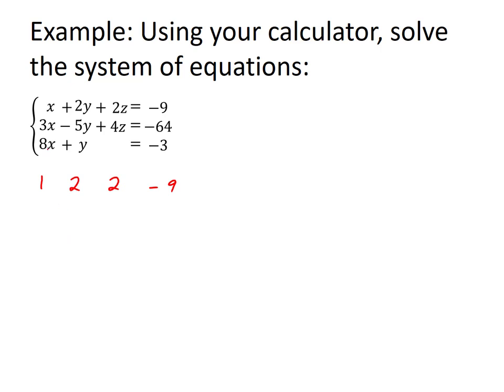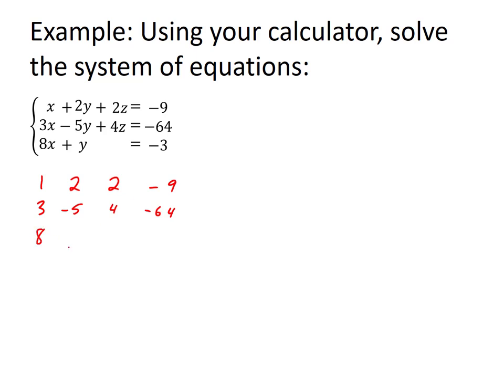Our next row of our matrix comes from our second equation, which is 3x minus 5y plus 4z equals -64. That becomes the second row of our matrix as 3, -5, 4, -64. Third equation will become our third row of the matrix, 8x plus y equals -3.